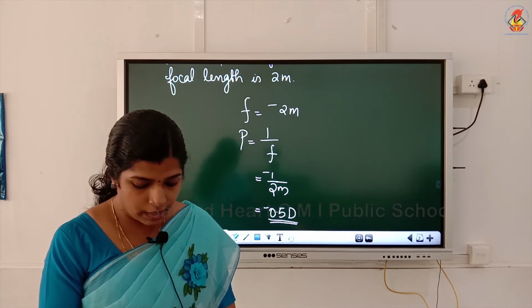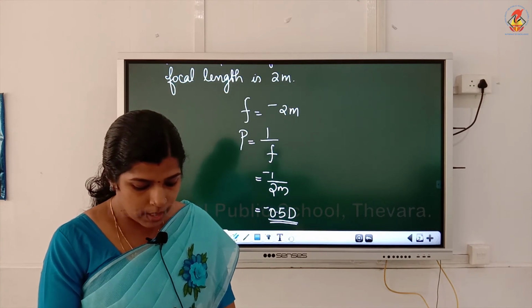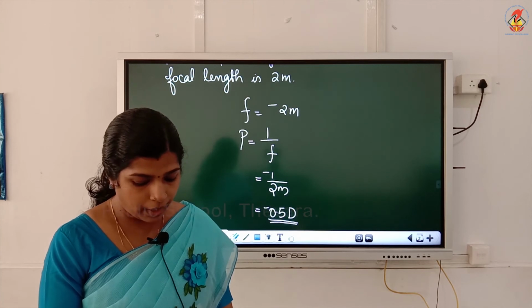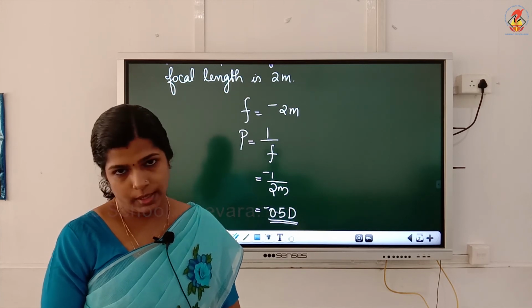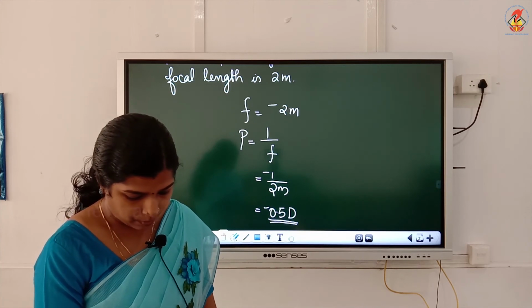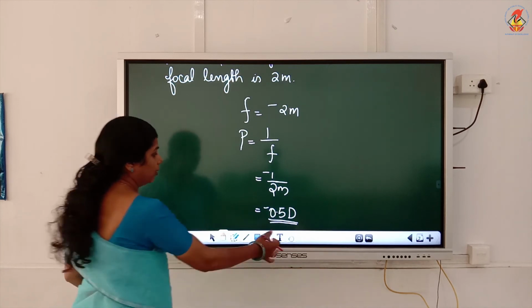Where is the needle placed in front of the convex lens, if the image is equal to the size of the object? Also find the power of the lens. Okay. So, image distance is given.